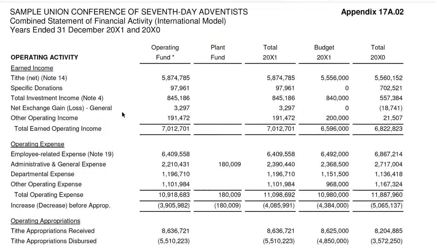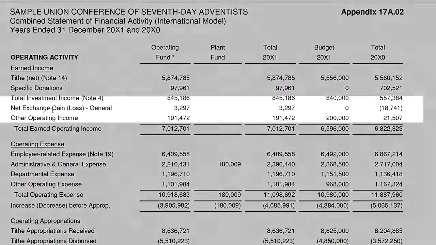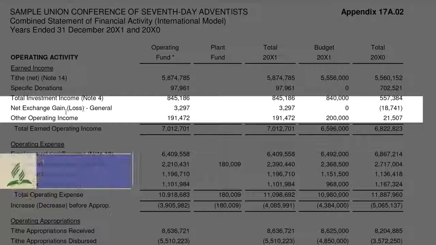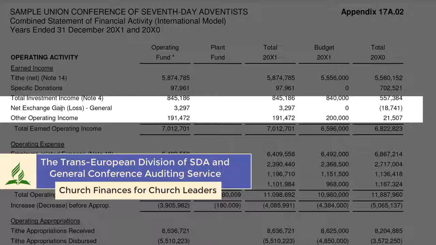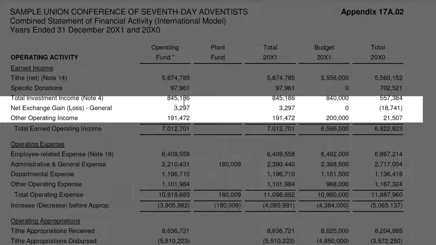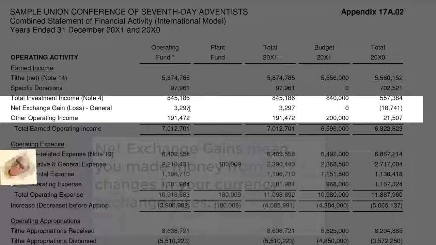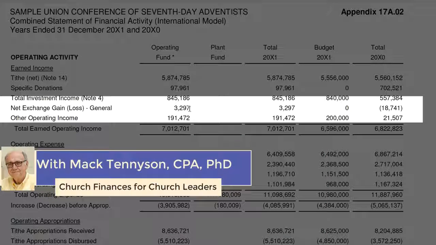The next topic is net exchange gain or loss. The gains and the losses from exchanges are shown on this line. So sometimes you will see a positive number. This would mean that this was a gain. You're better off by 3,297 from your exchange gains.